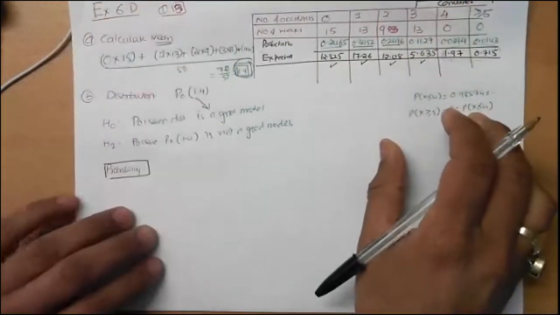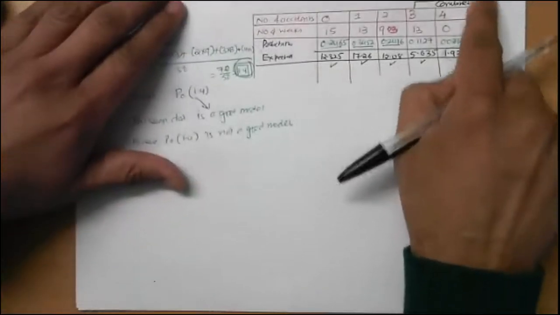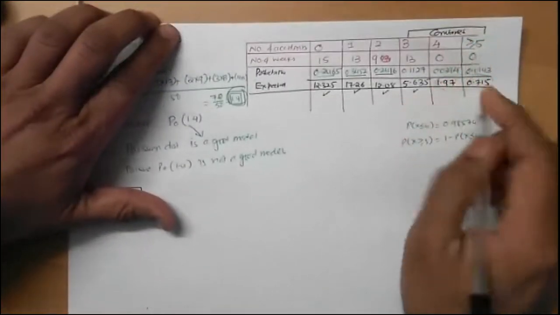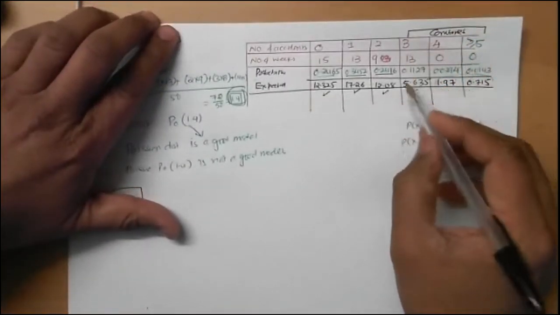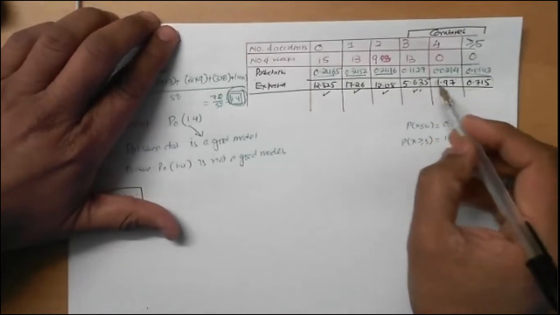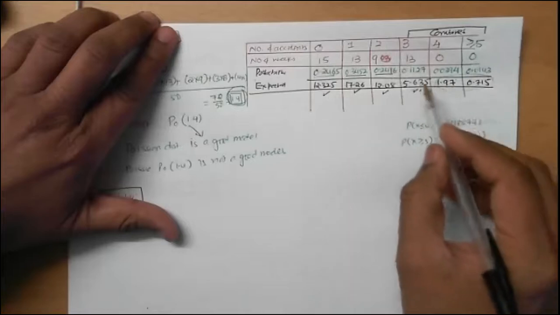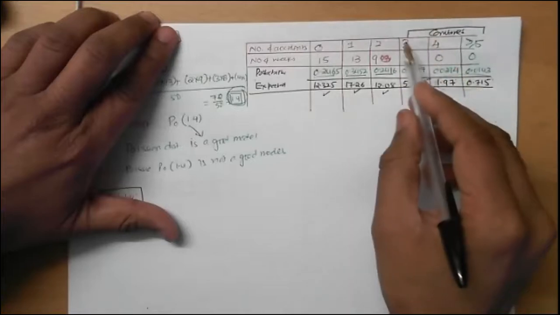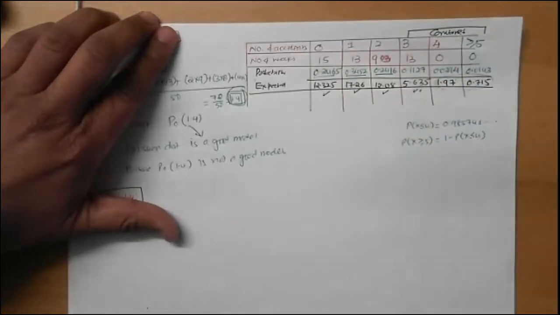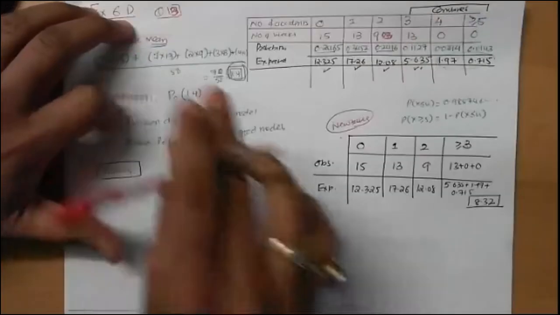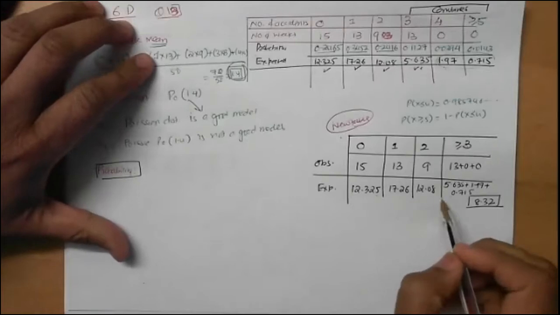Guys, I did say to you, after combining the columns, you need to make sure that none of the columns in the new table have expected frequency less than 5. So we rewrite this table again and combine this column. This will just write this as greater than or equal to 3. So let me make that table now for you. All right, so this looks like my new table.